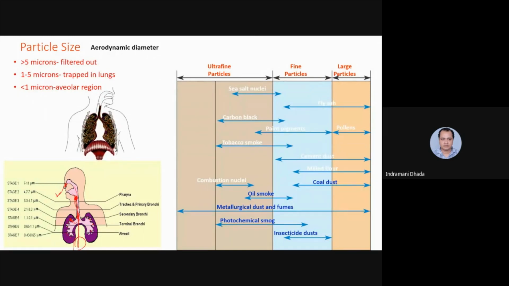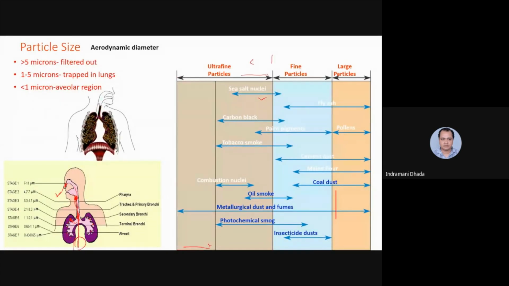And in the figure on the right side you can see what the sources of those particles are, and from various sources what the size of the particles are. I think some part of this slide is blocked here. The size range has been given at the bottom, I think it has not come. So the ultrafine particles are basically PM 1 and less.